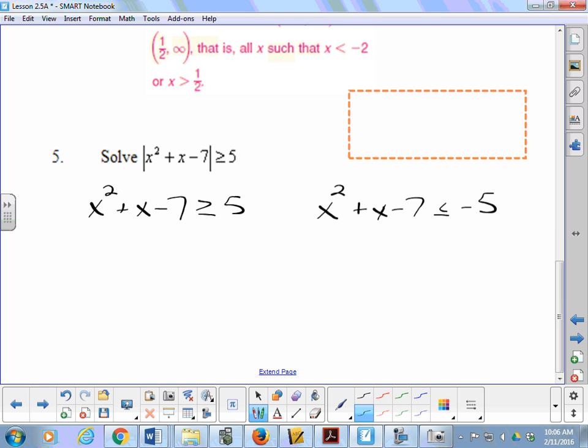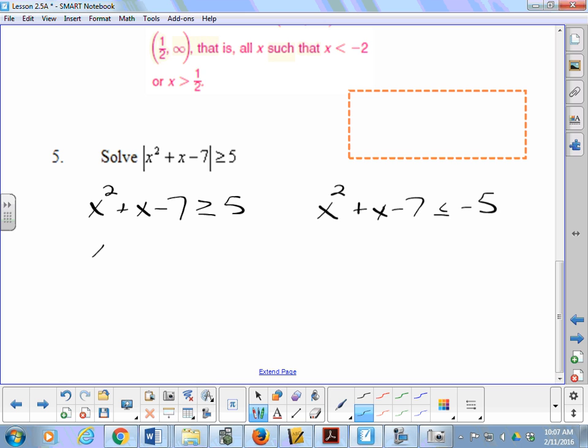But since we're working with quadratics, we need to find the zeros. So we need to get everything on the same side, and hopefully we can factor. And if we can't factor, then we're going to have to complete the square or use the quadratic formula in those cases.